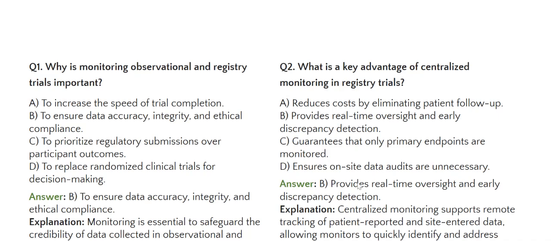So B is the answer: provides real-time oversight and early discrepancy detection. Centralized monitoring supports remote tracking of patient-reported and site-entered data, allowing monitors to quickly identify and address data inconsistencies, improving accuracy and efficiency in multi-site trials.